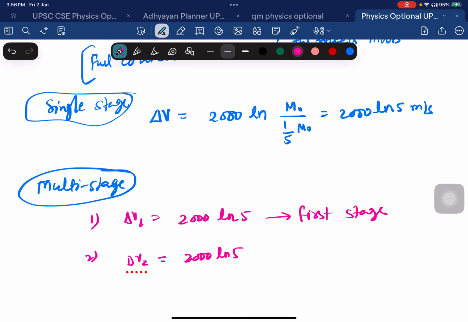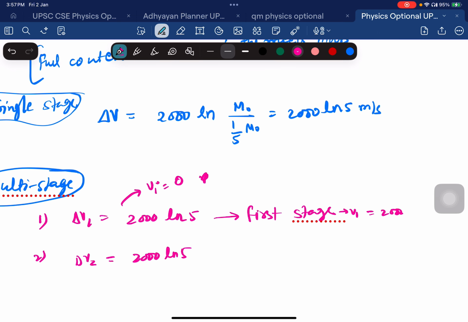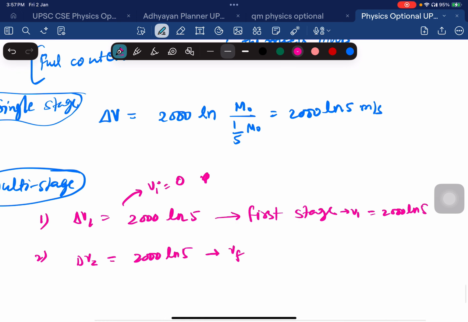The change is that here the initial velocity is the final velocity of the first stage, v1, equal to 2000 ln 5. So the final velocity will be 2000 ln 5 plus 2000 ln 5, so it will be 4000 ln 5.